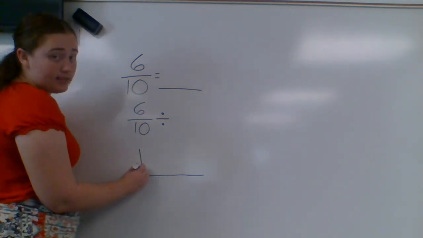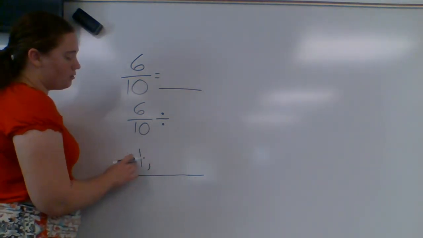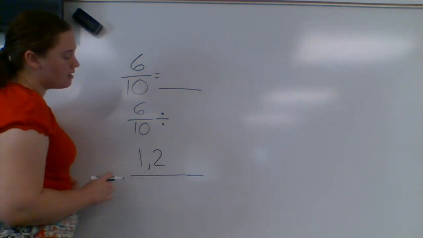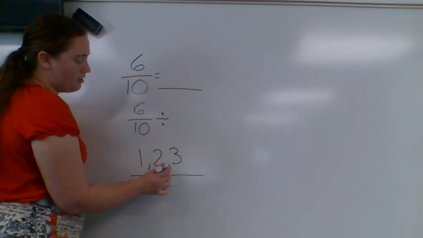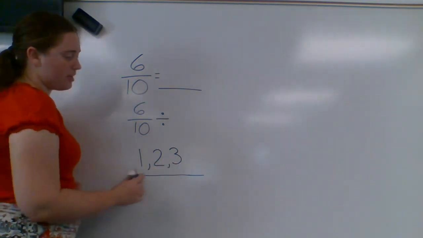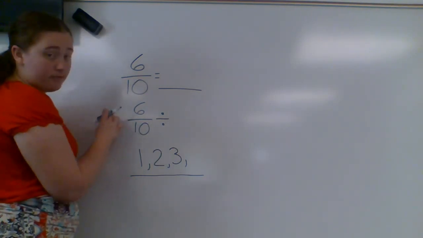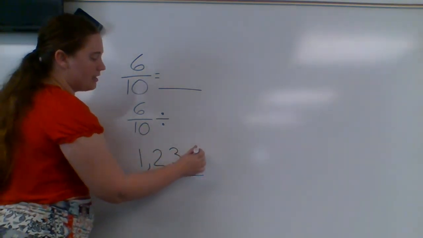I know 1 times 6 is 6. I know I can do 2. 2 times 3 is 6. 3, I can do 3. 3 times 2 is 6, like we just said. 4, I can't multiply anything by 4 to get to 6. 5, no. 6, well, like we said earlier, 6 times 1 is 6.